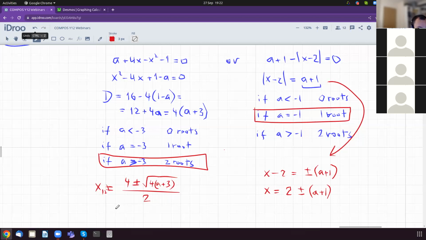So here, I can simplify this as 2 plus or minus, and then 4 and 2 cancel out, the square root of a + 3.